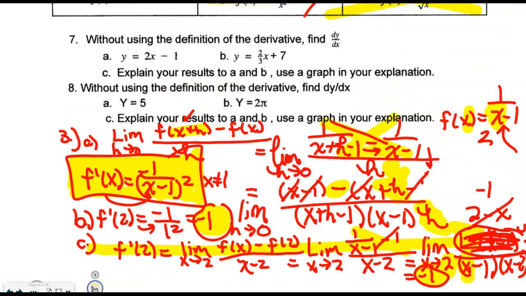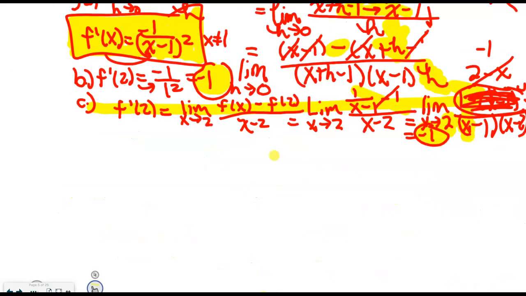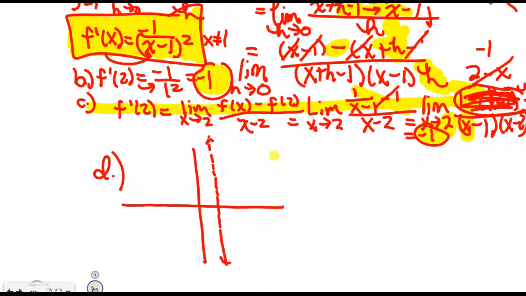Confirm on your calculator. So here's what I want you to do on your calculator. First of all, graph the function. Now it's 1 over x minus 1, so it's going to have a vertical asymptote right down through here. It's going to go like this, and it's going to go like this.